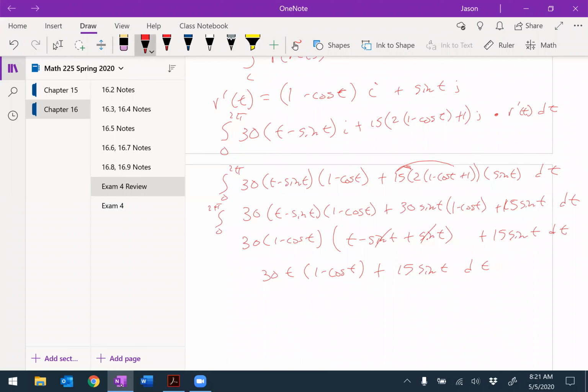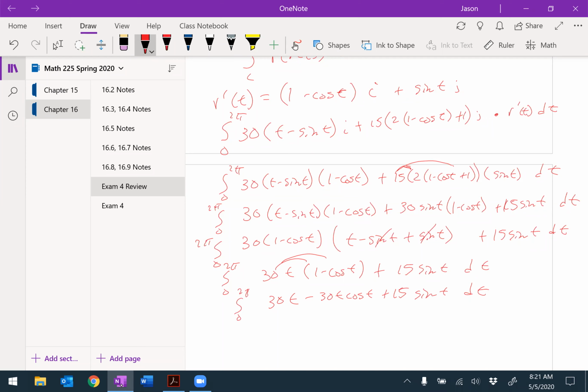I'm going to distribute the 30t. Again, a lot of algebra before we even do the integration on this one. So 30t minus 30t cosine t plus 15 sine t dt, again from 0 to 2 pi. And I think we're about ready to integrate now.